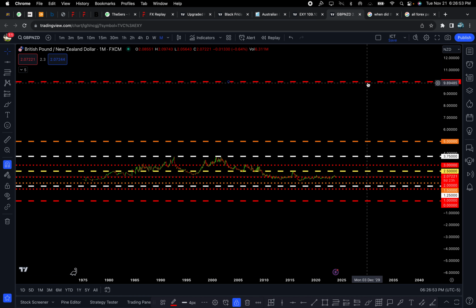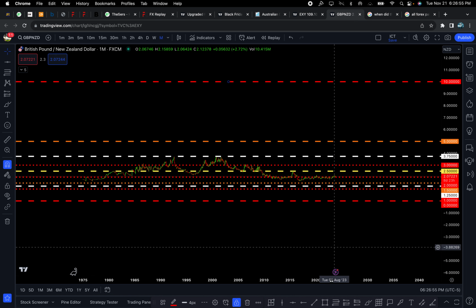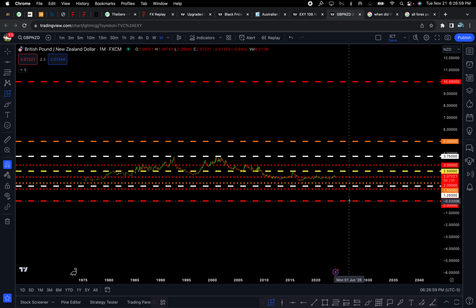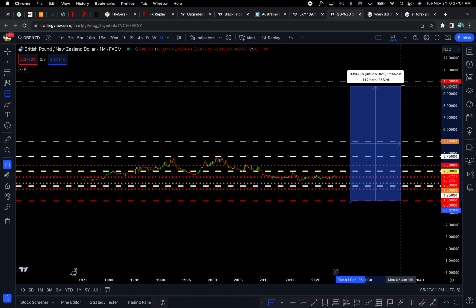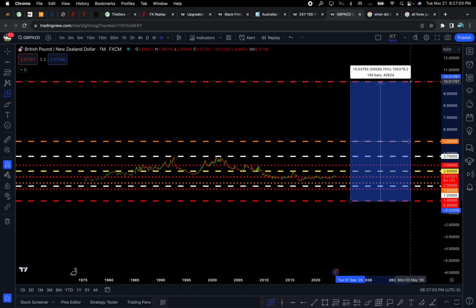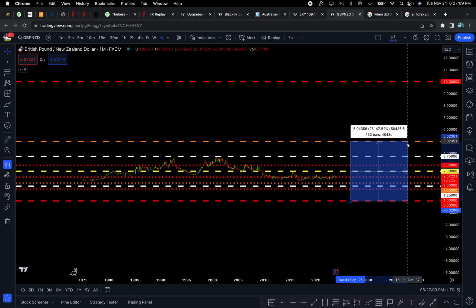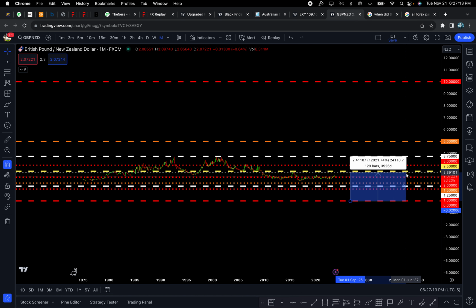I'm trying to get this little tool. Whatever, I'll use this, it's more reliable and easier. It's 1,000,000 points from here to here. See that? Okay, and then obviously 500,000 here, 250,000 here, and that's where quarters theory comes from.